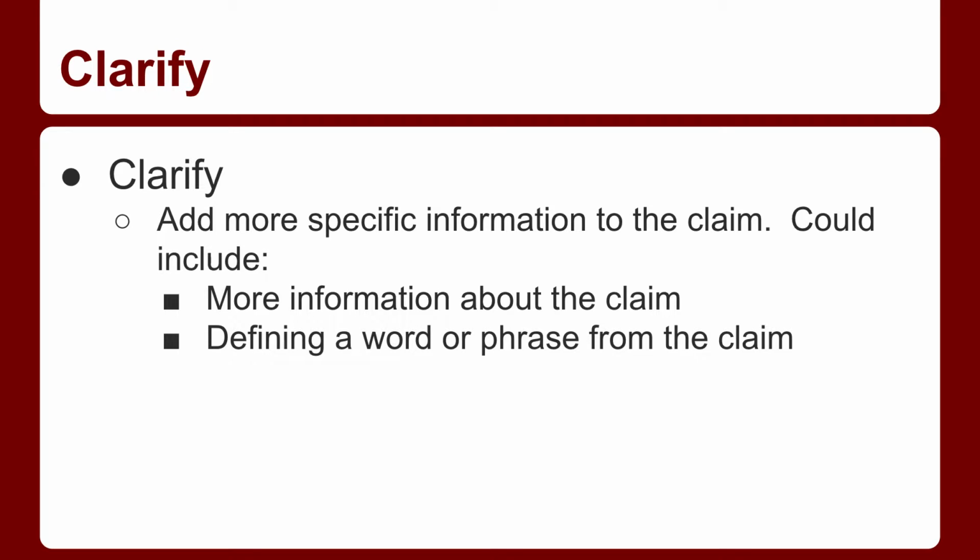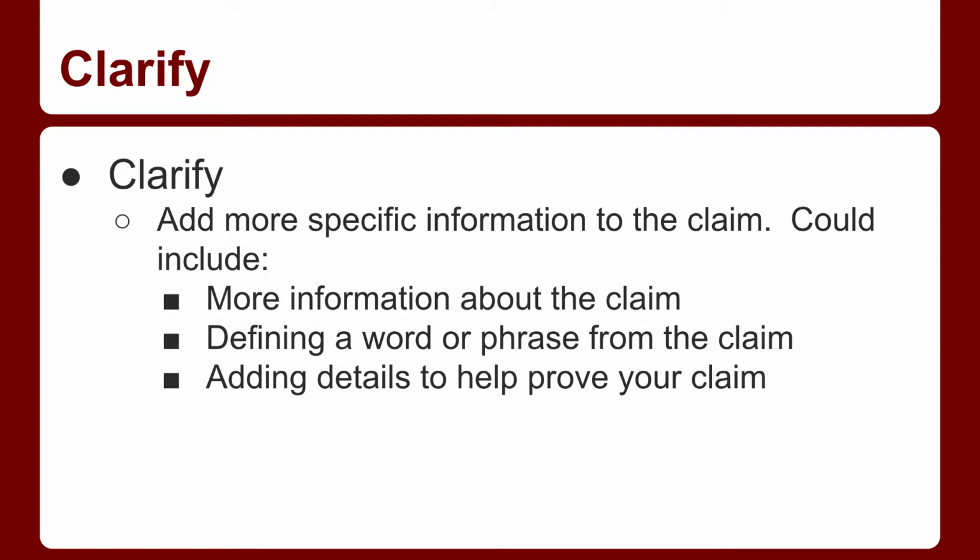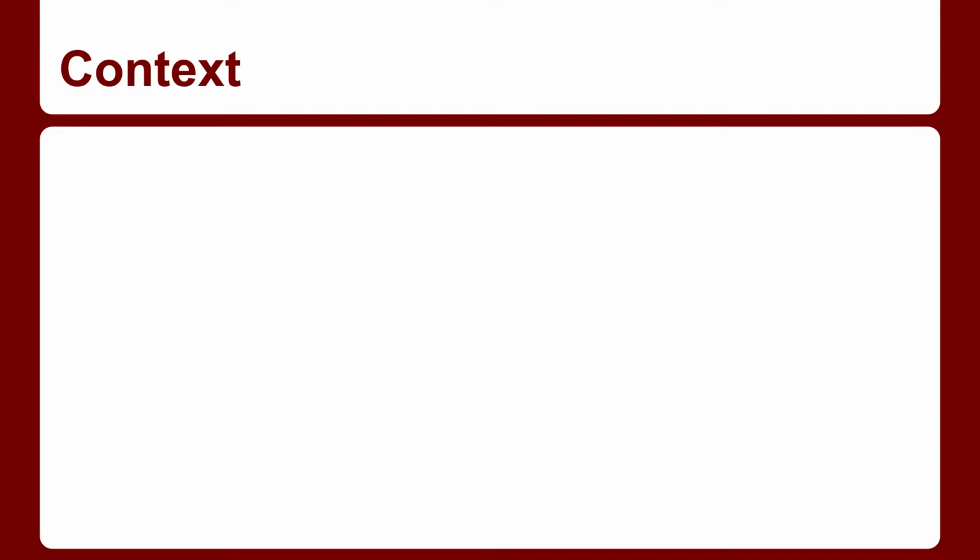It could be defining a word or phrase from the claim, like what represents the intelligence and skill in the story, or what represents the physical strength or power, or it can add details to help prove your claim. You need to come up with an example to go with that, adding more details about the claim. So it's clarifying information in the claim.